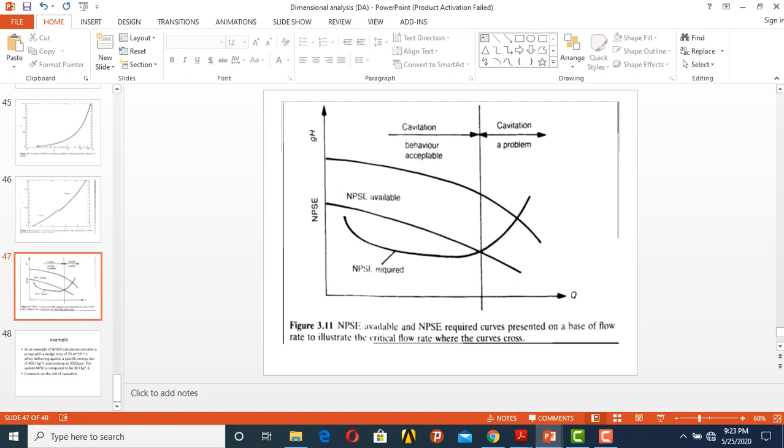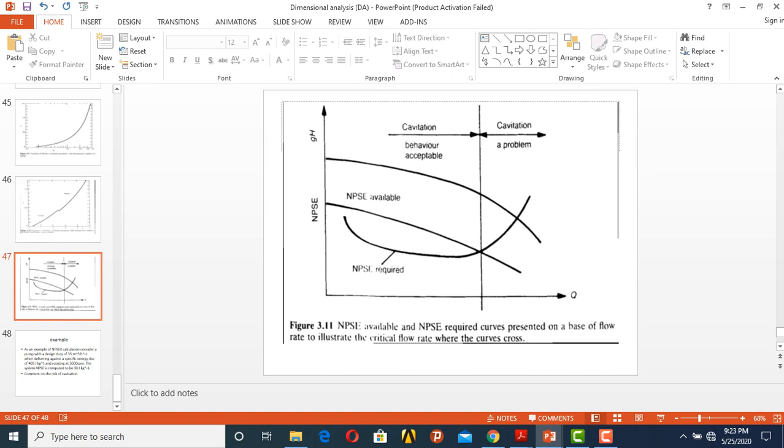As the velocity of the fluid increases, the losses in a pipe or machine, which are directly proportional to the square of the discharge, increase, hence the net positive suction energy reduces.